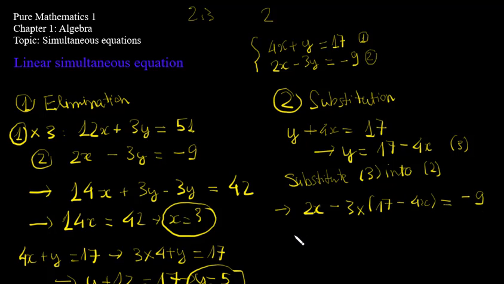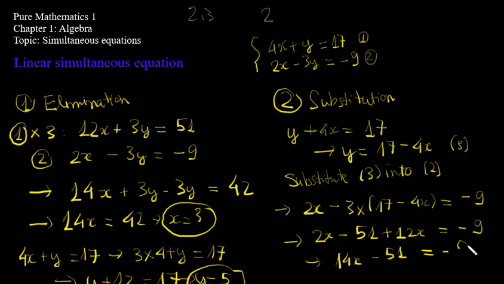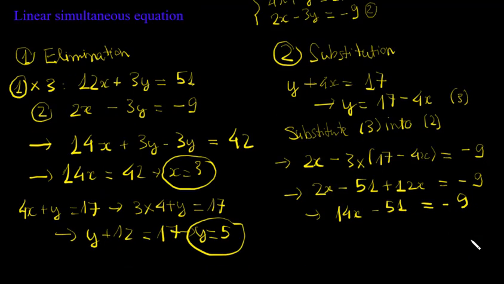So I have here 2x minus 51 plus 12x equal to minus 9, or 14x minus 51 equal to minus 9, and then 14x equal to 42, and x equals 3. So we would do like the first one to get the value of y, which is y equal to 5.